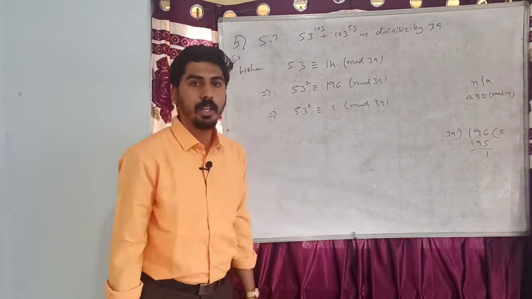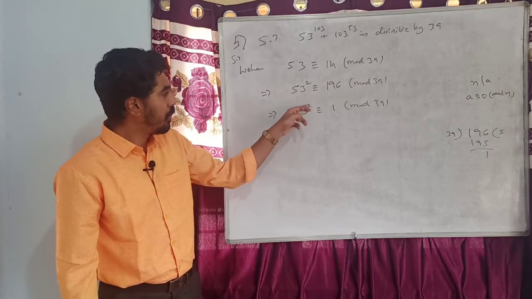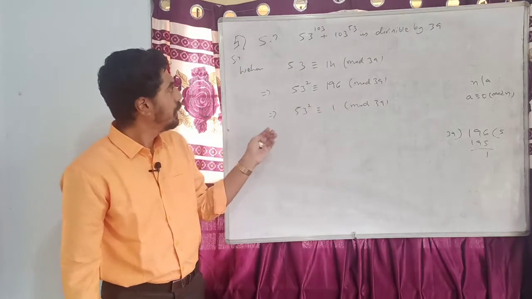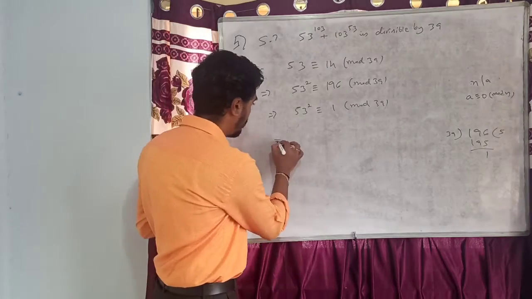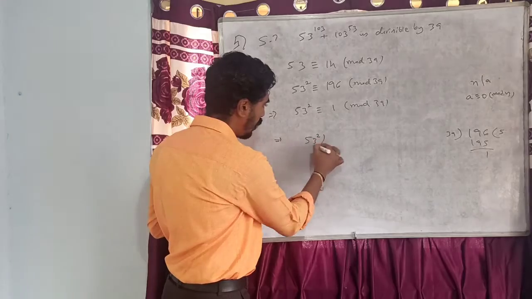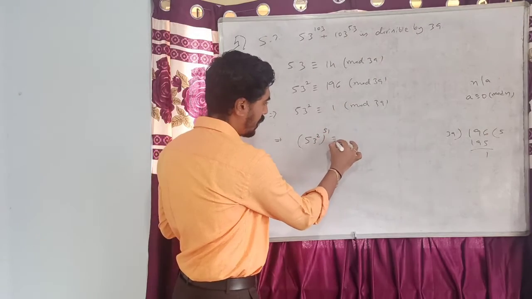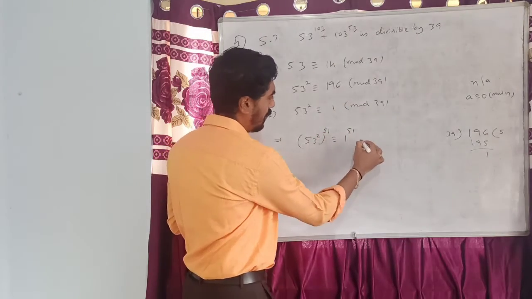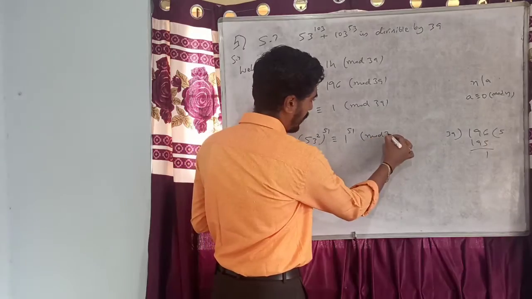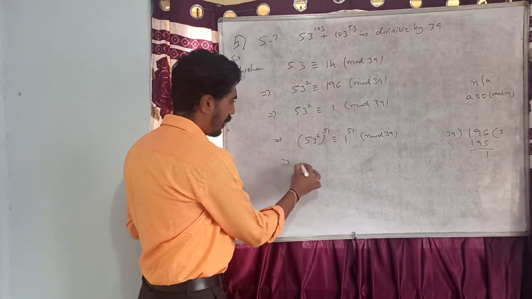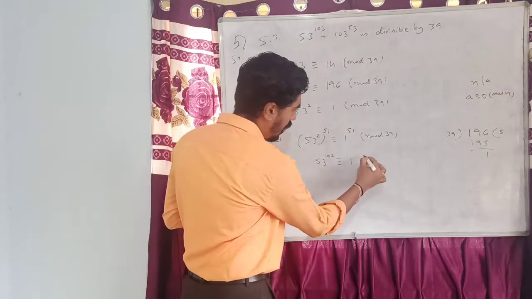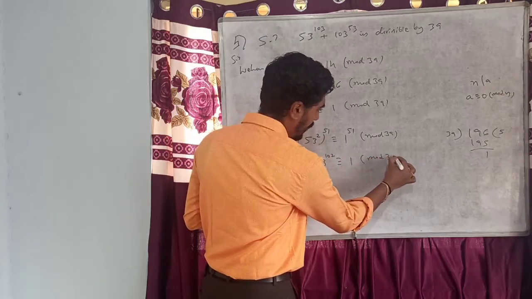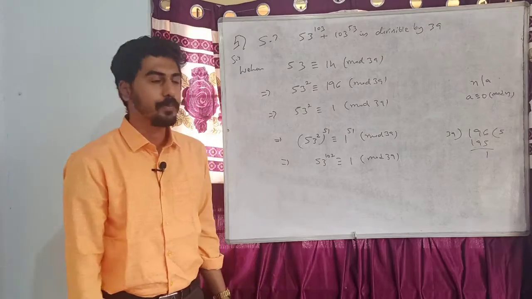Okay. Now let us raise the power on both sides by 51. This implies 53 square whole power 51 is congruent to 1 power 51 modulo 39, or 53 power 102 is congruent to 1 modulo 39. Okay.